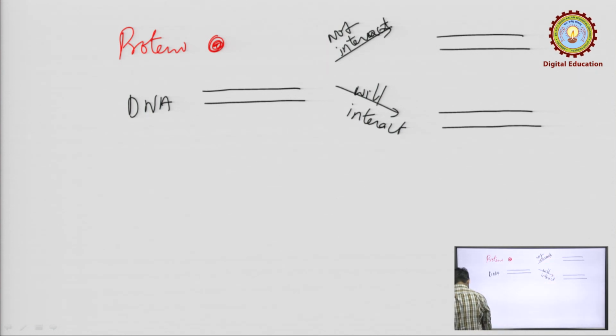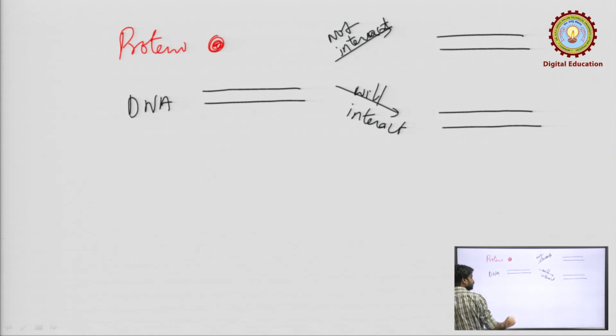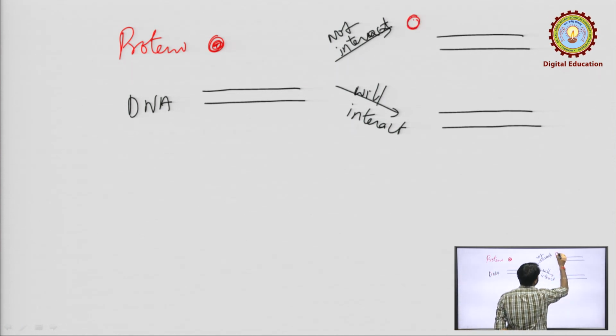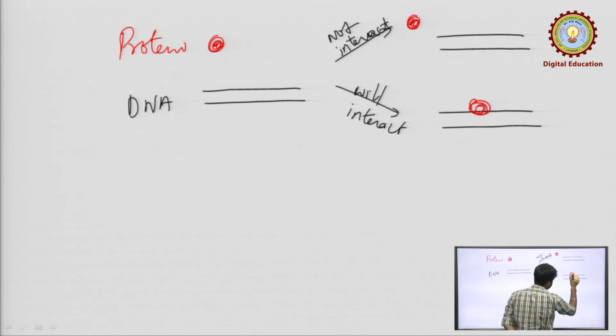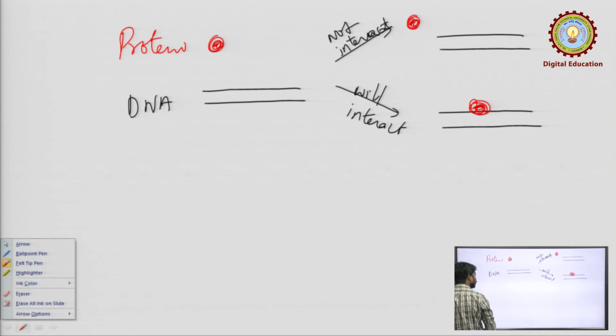Okay. So, we will draw the protein also with the red color. Here it is not interacting, here it is interacting. Now, what will we do? We will run the gel electrophoresis for it.